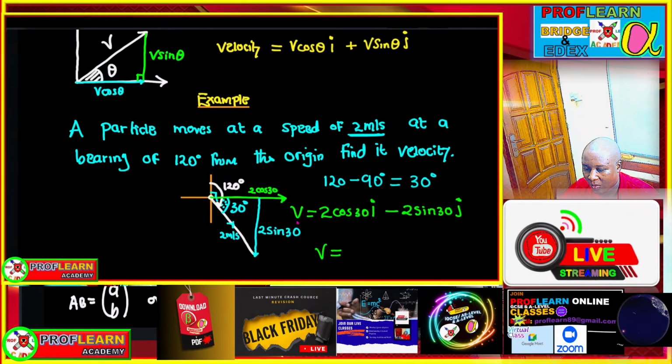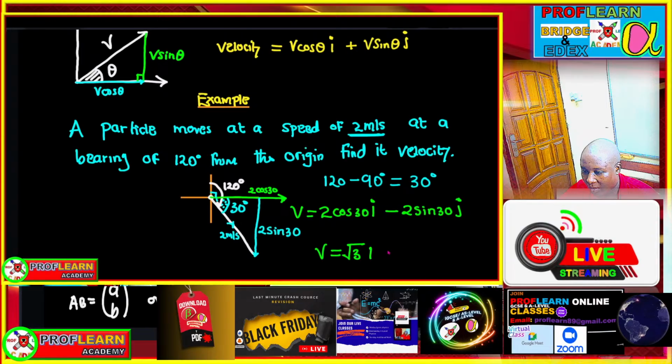The velocity vector now is going to be, you can crunch this into the calculator. 2 cos 30 is going to translate to root 3 i, and this other one is going to be minus 1 j, so that's just minus j.